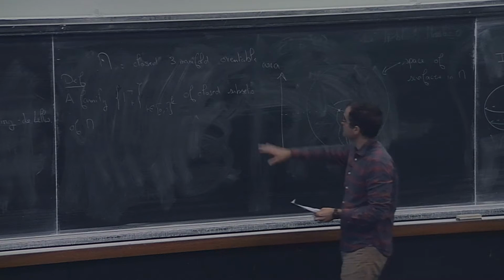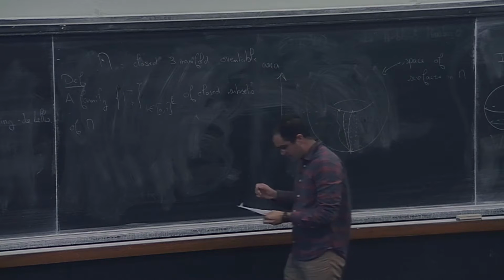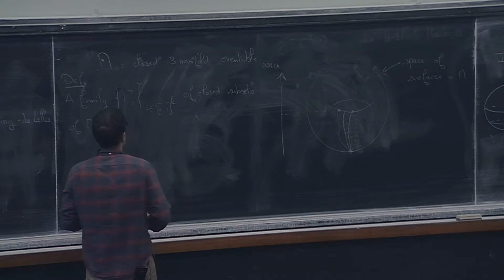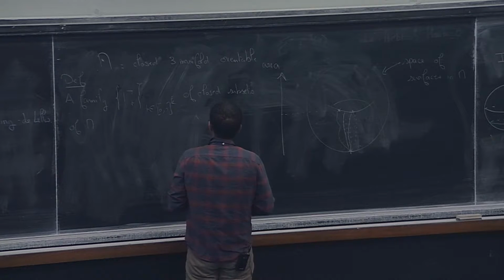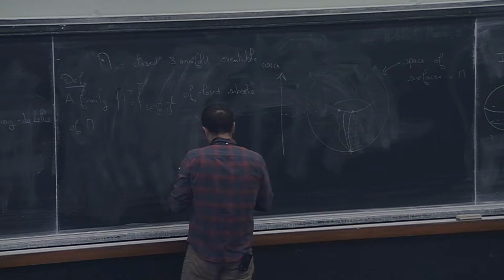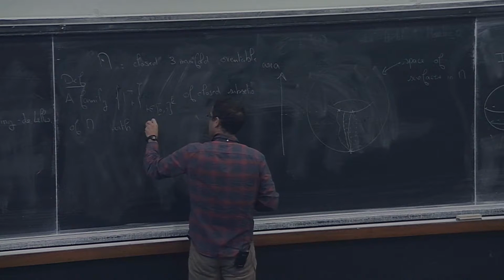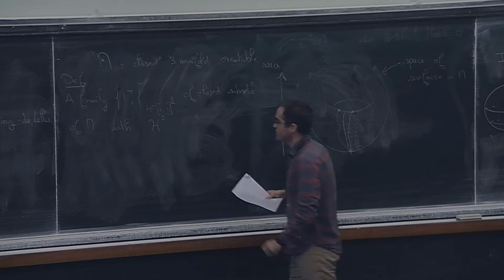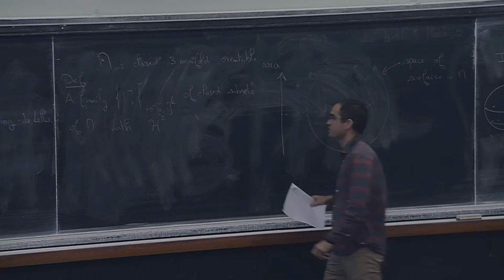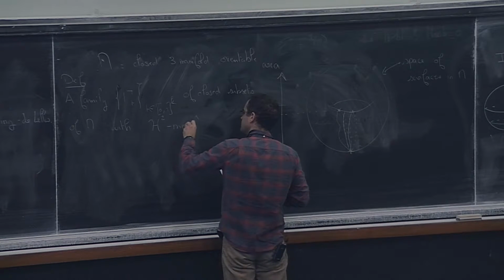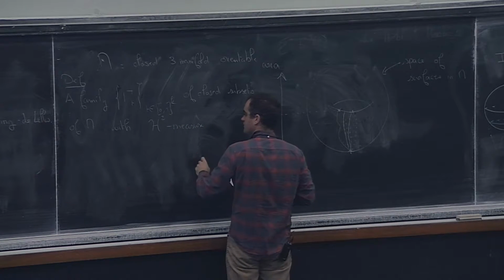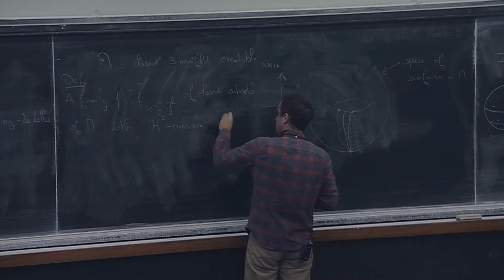So you look at a family of closed subsets of M, but in fact you will see that they are much more than just closed subsets. You assume with Hausdorff measure of dimension 2 finite.